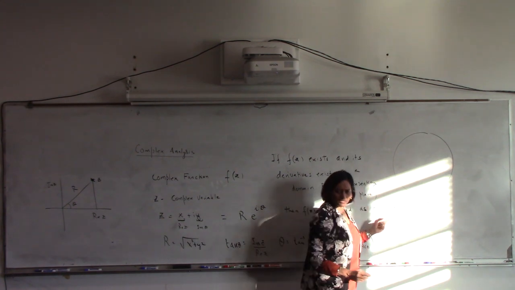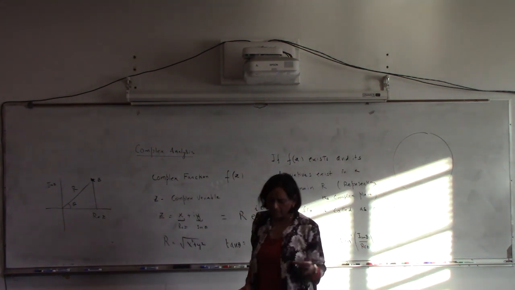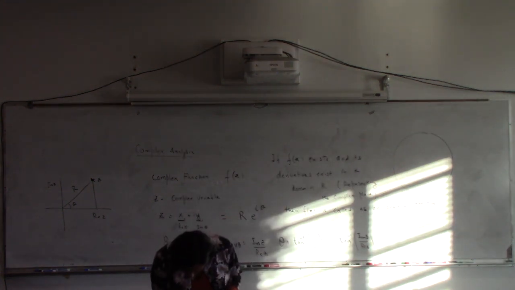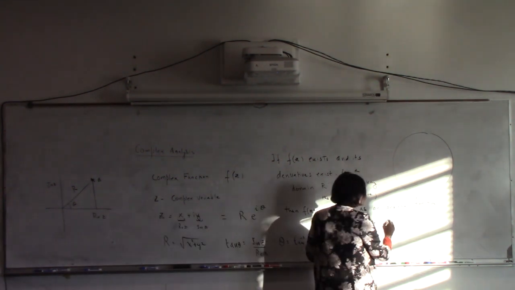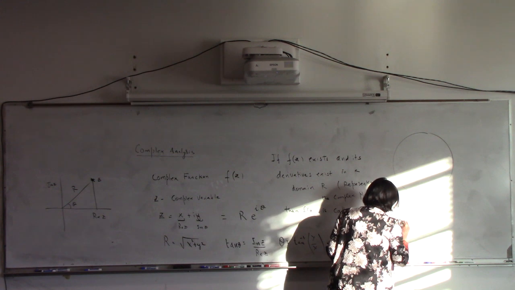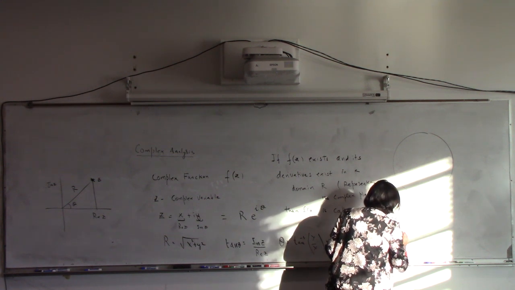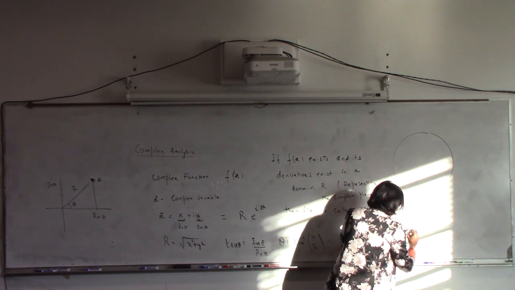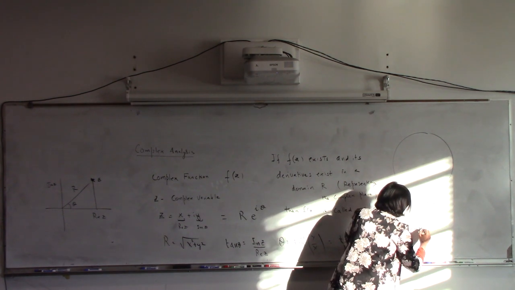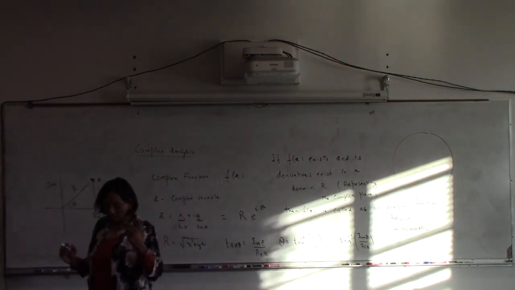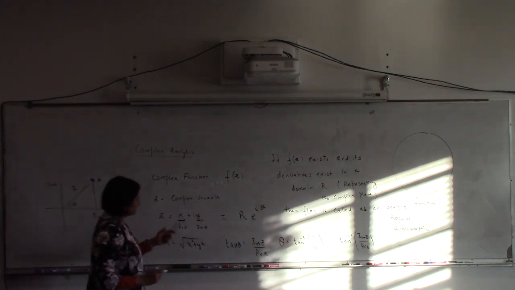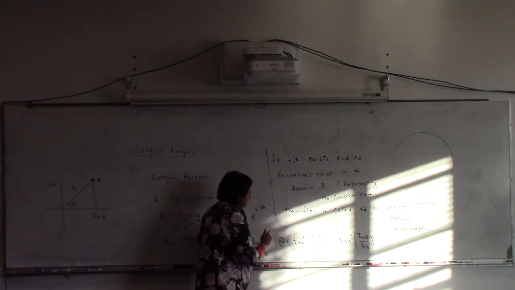Some books will call it a regular function, and I think the other word which is also used is holomorphic. You'll find all these mean the same thing. Regular is used less and less nowadays, but all these words mean that the function exists in a domain and its derivatives exist, then the function f of z is analytic.